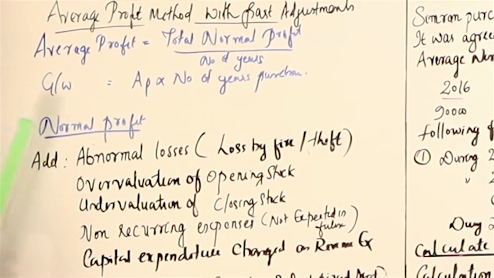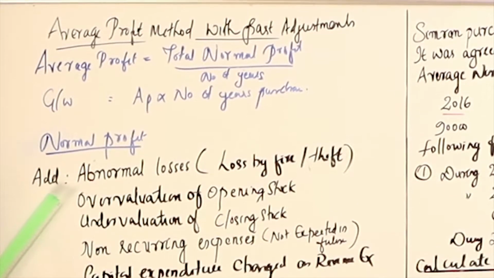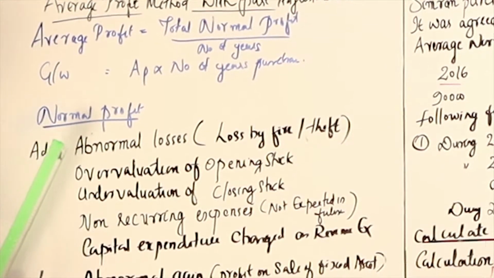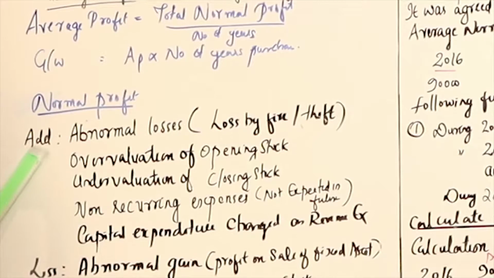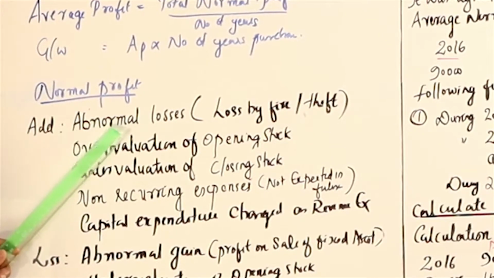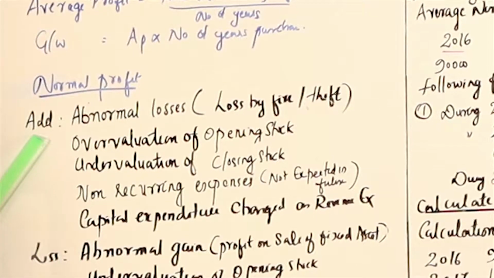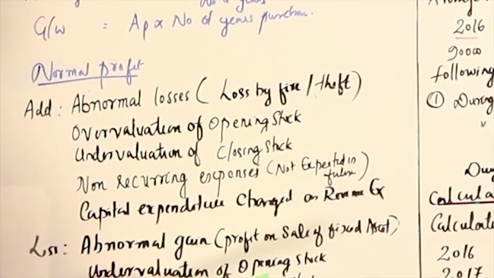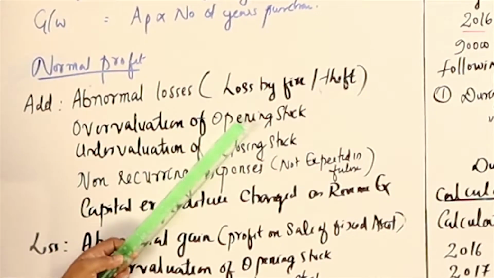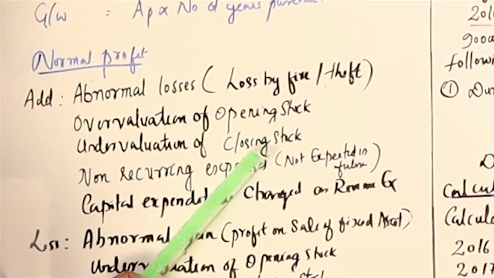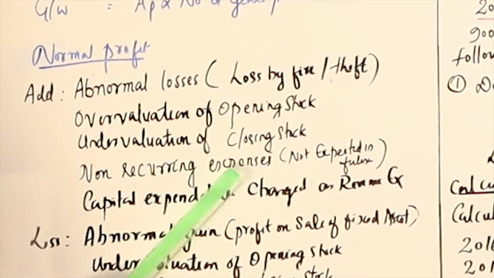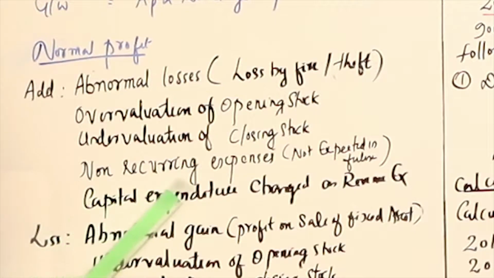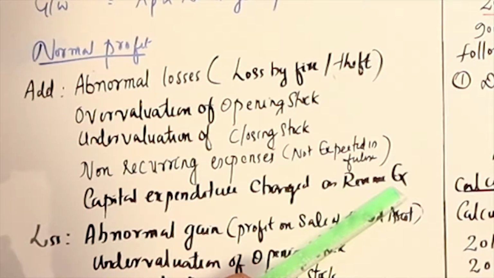So how to calculate normal profit? Normal profit must be the business profit from the day-to-day running of the business. If there are any abnormal losses, like loss by fire or theft, we have to add them back. Then overvaluation of opening stock, undervaluation of closing stock, non-recurring expense which is not expected in future, and capital expenditure charged as revenue expenditure.